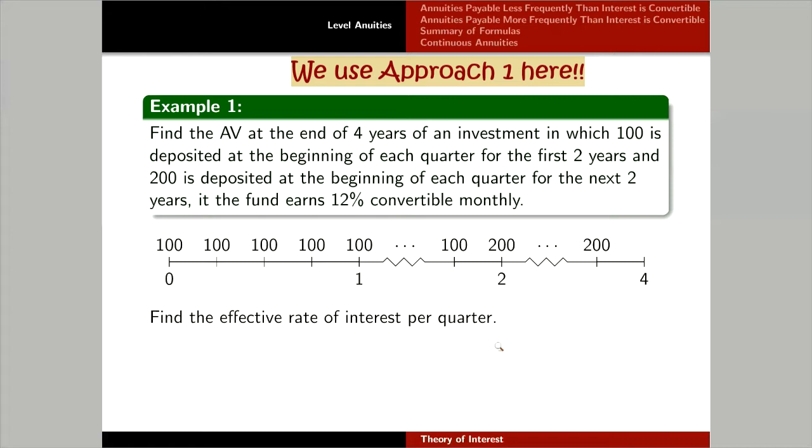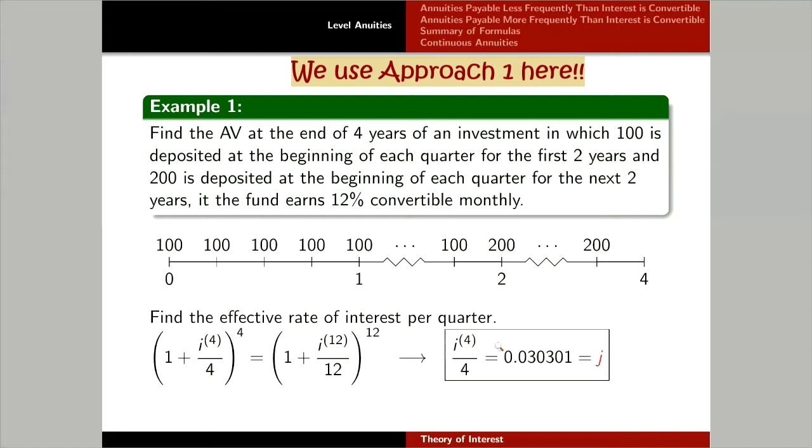So you recall your identities on different measures of interest, and ito ang gagamitin natin. Substituting i upper 12 equals 12%, your effective rate of interest per quarter is equal to that one.